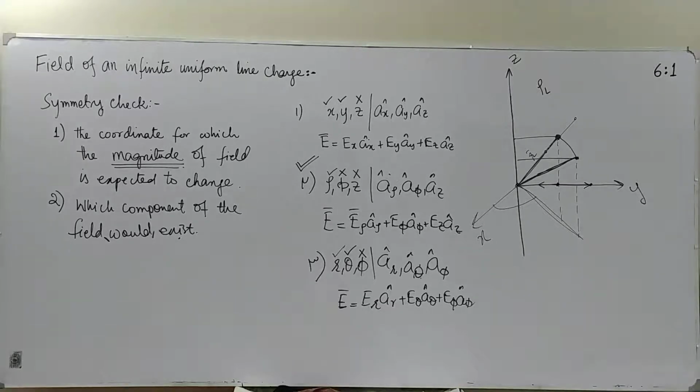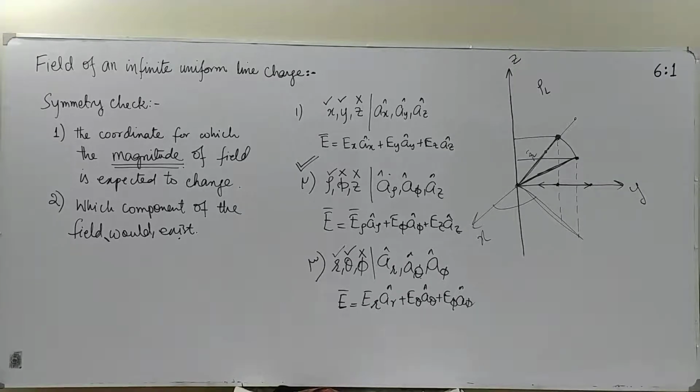Or in other words, because we don't know the expression precisely, we were looking at changing which coordinate would change our distance with respect to the source itself. So that's the reason why we used the word expected to change.